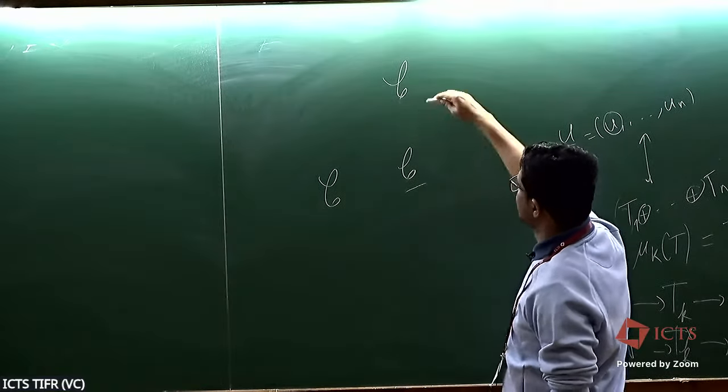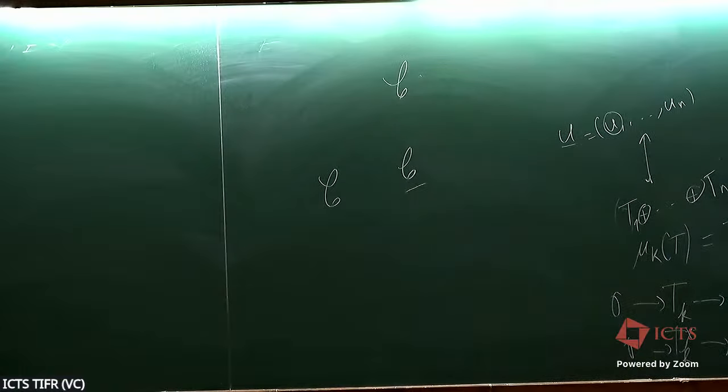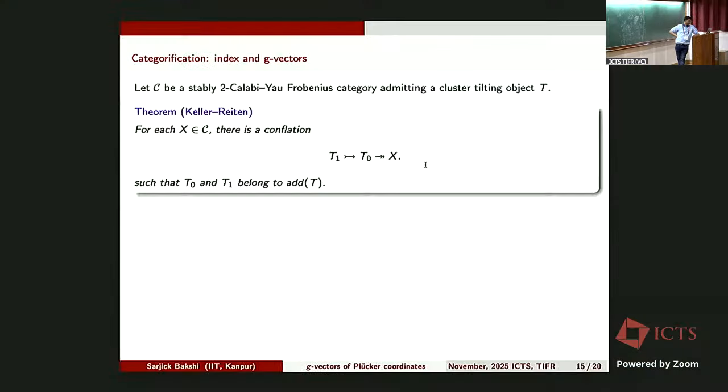That's the trick. This is like adding coefficients. Keller and Reiten showed that for every X in this stably 2-Calabi-Yau Frobenius category, there is a conflation. Conflations are like exact sequences, where T_0 and T_1 belong to add T.